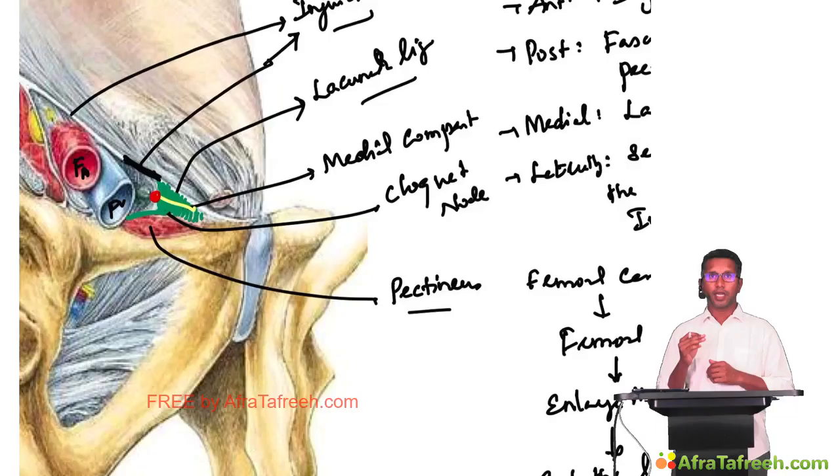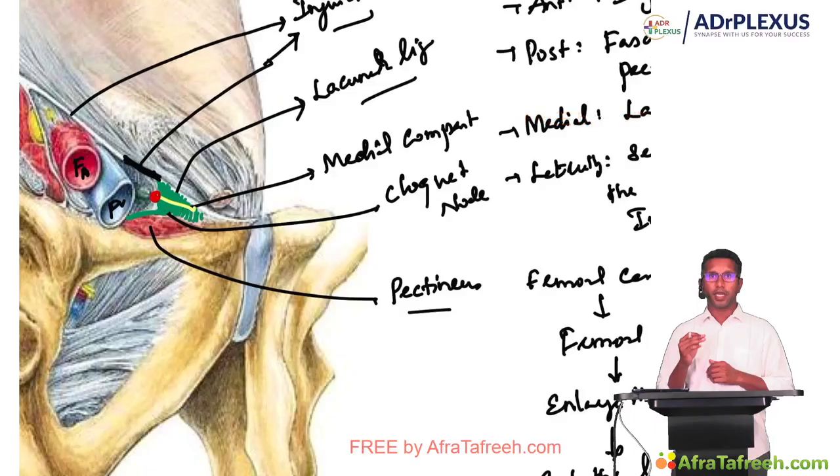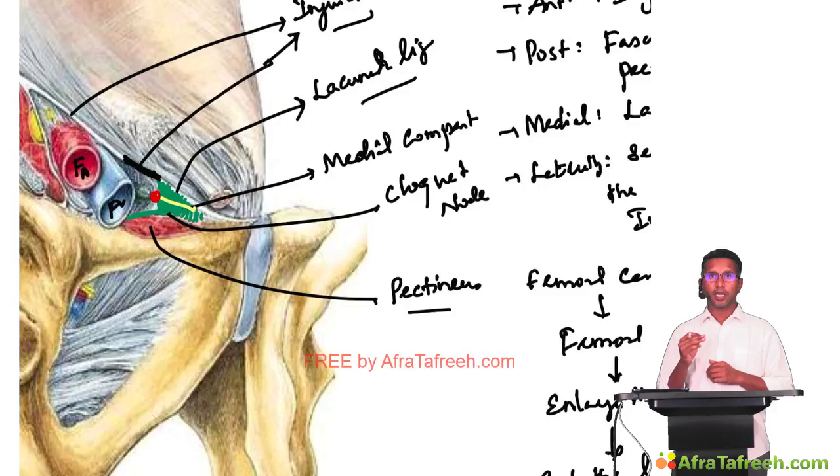So we were discussing the femoral triangle. In the femoral triangle, we have also seen the femoral sheath, and in the femoral sheath we have seen the femoral ring, which is very important. The femoral ring can lead to femoral hernia.